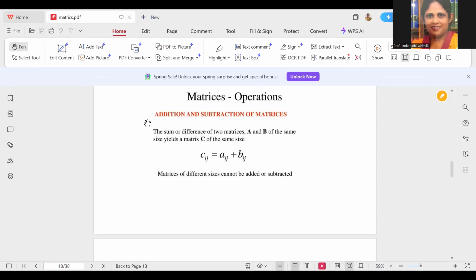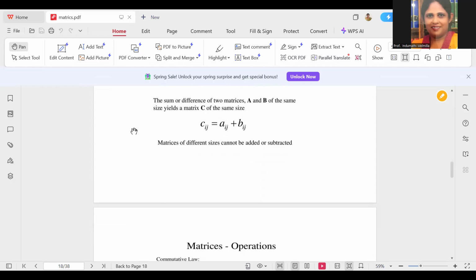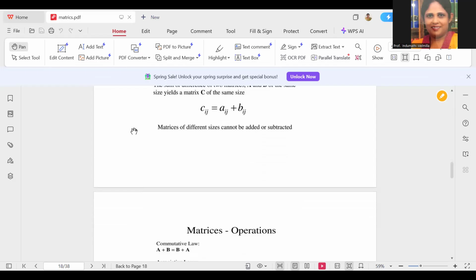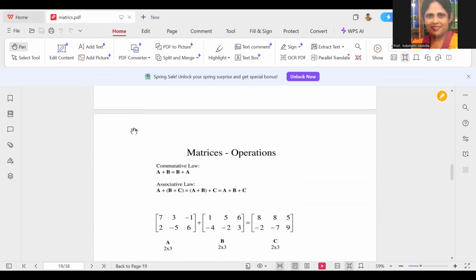If one is 3 by 2, then the other one also has to be 3 by 2. Otherwise we cannot add, right? So the size should be equal, and after adding two matrices we get a matrix of the same size.